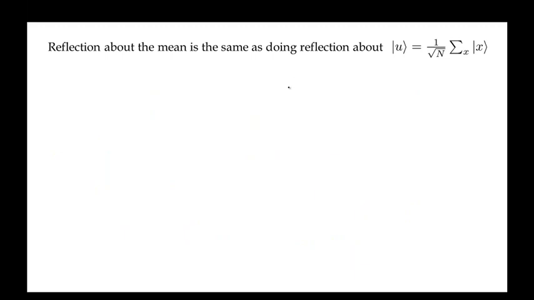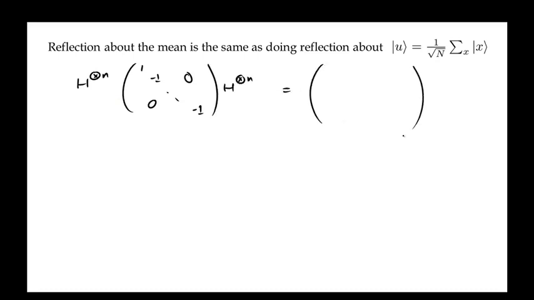And we are claiming that this operator, if you work it out, is a matrix where every entry on the diagonal is 2 over n minus 1, and every off-diagonal entry is 2 over n.